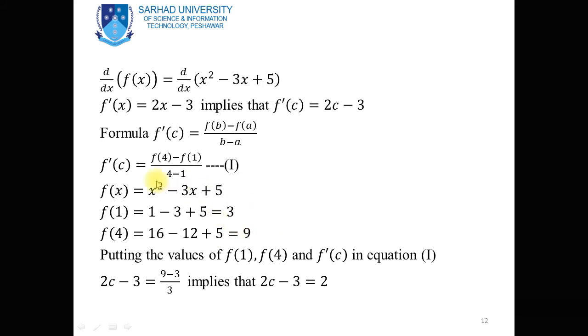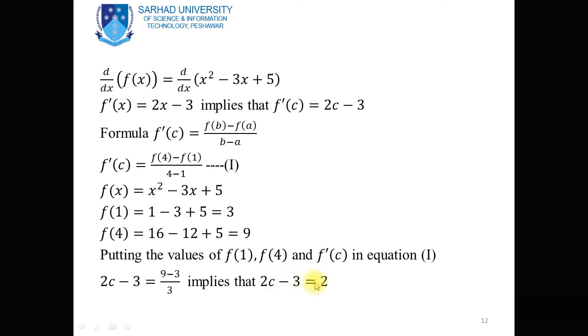Now the derivative of the function, like you see over here, is 2c minus 3. So putting the values of f of 1, f of 4, and the derivative of the function at x equals c in equation number 1, we obtain 2c minus 3 is equal to 9 minus 3 divided by 3. 9 minus 3 divided by 3 means 6 by 3, and 6 by 3 is equal to 2.